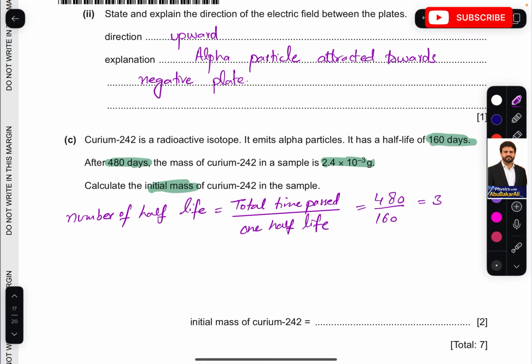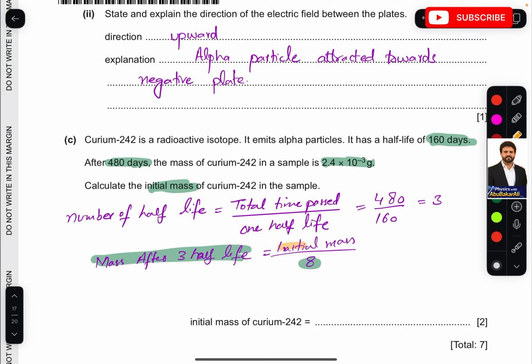Okay. Now there is another relation that you have to keep in mind. Second relation is: mass after three half-lives is basically equal to initial mass divided by 8, since there are three half-lives.